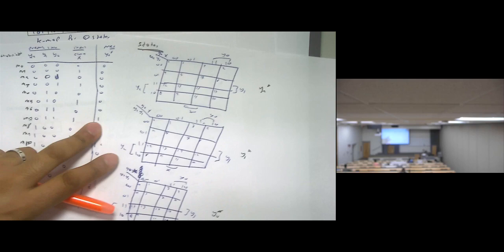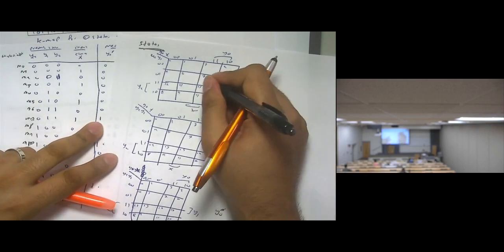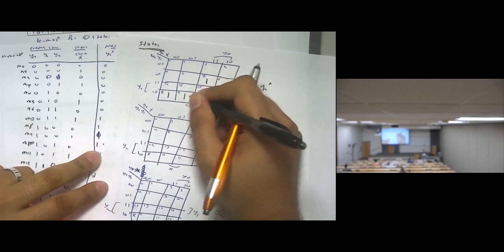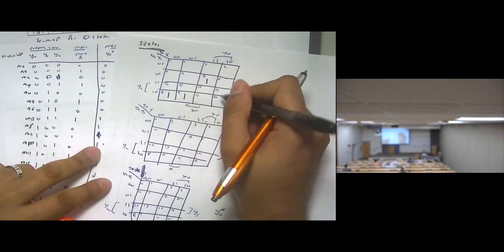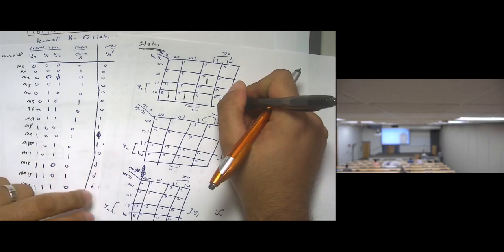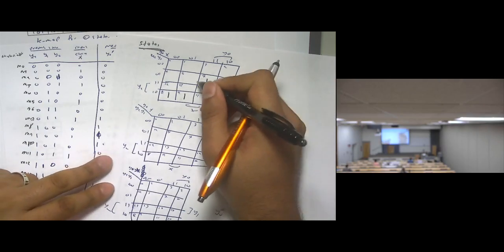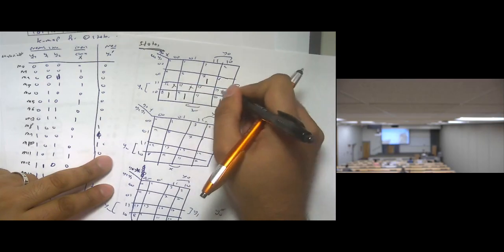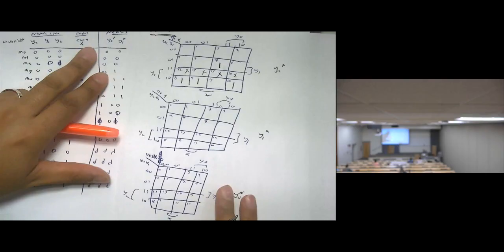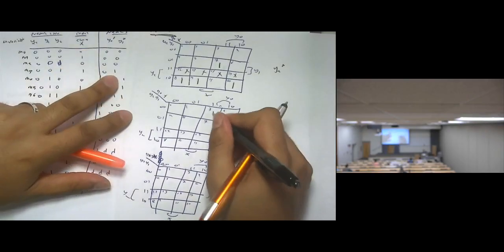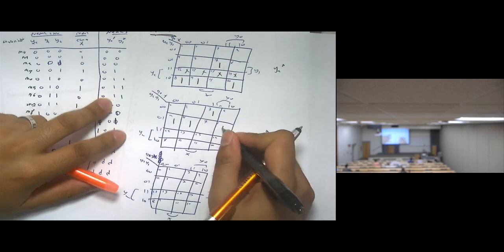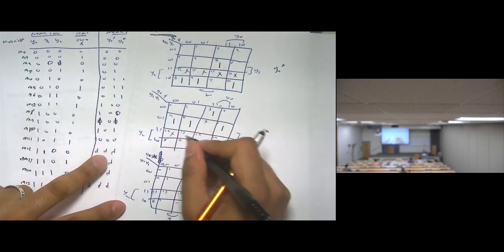It's 1 at M7, 1 at 8, 1 at 9, 1 at 10, and from 12 until 15 are don't care. How about y1? The ones are at M3, M4, M5, M6, then don't care at those points.